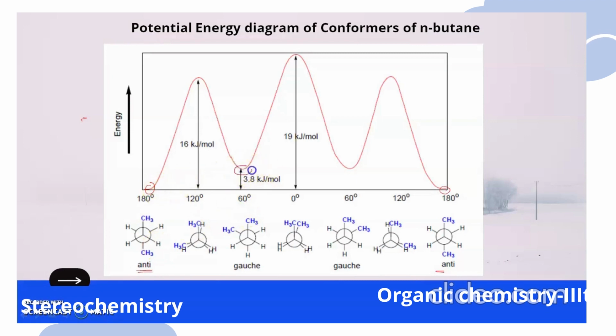It is 3.8 kilojoules per mole, and it is given by gauche conformers, where methyl groups are separated by an angle of 60 degrees here and also here. Because they are separated by an angle of 60 degrees, they are considered to be stable, just like your anti-conformers, but relatively less stable. But when you compare with eclipsed forms, they are more stable structures, because they have the next lowest possible energy, that is 3.8 kilojoules per mole.